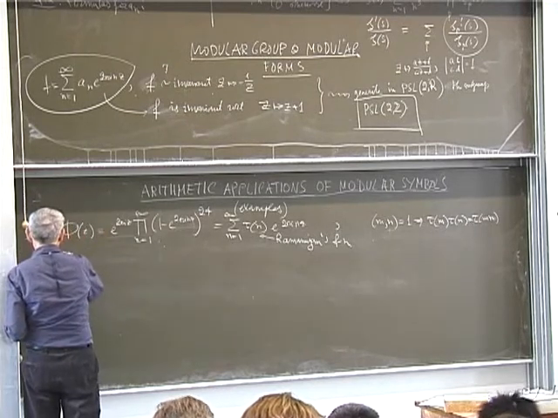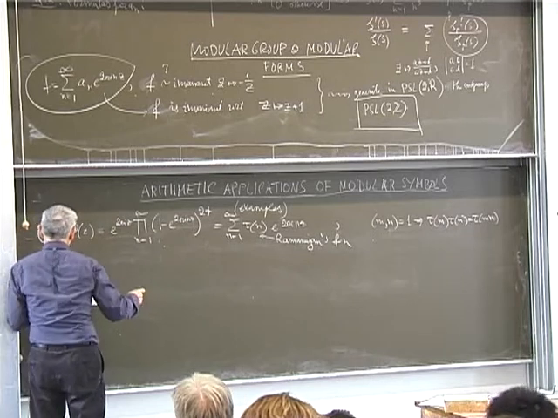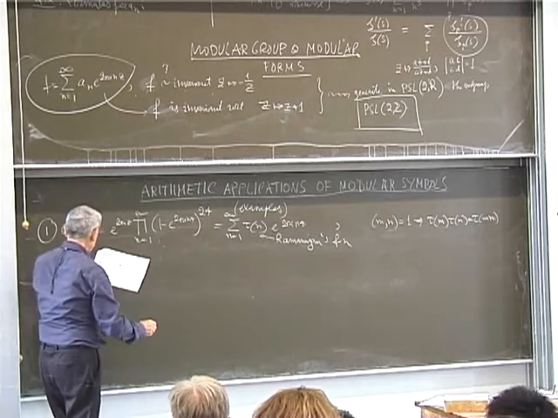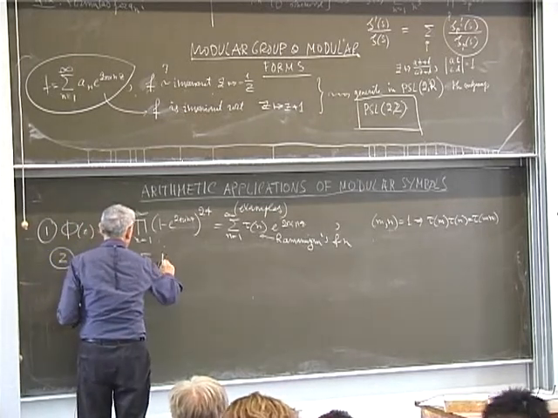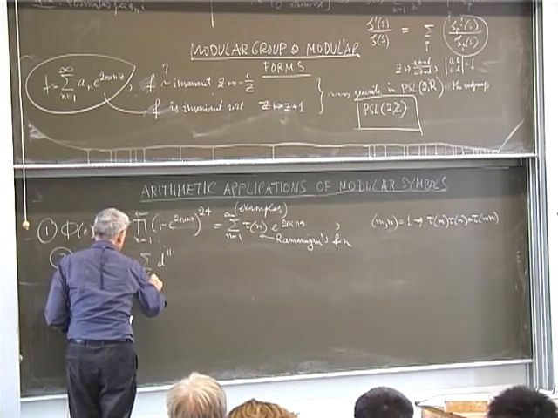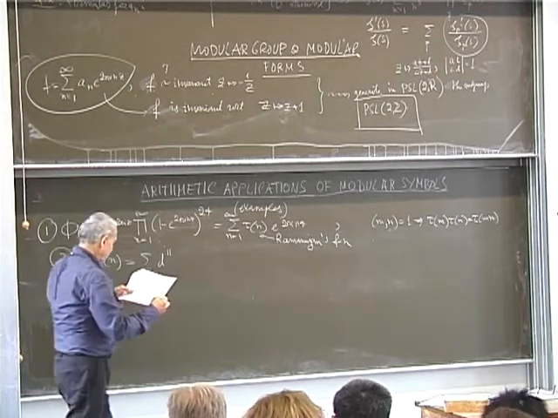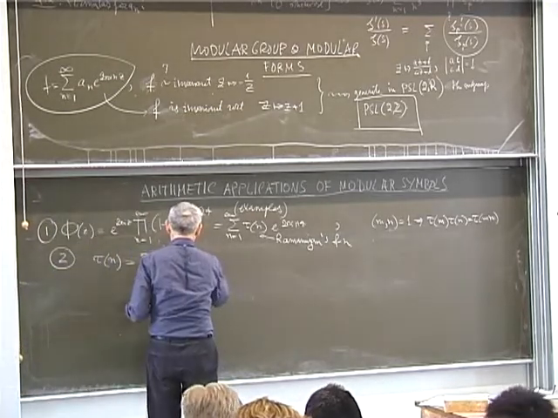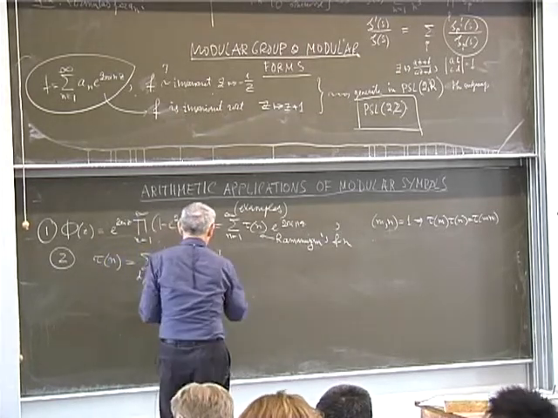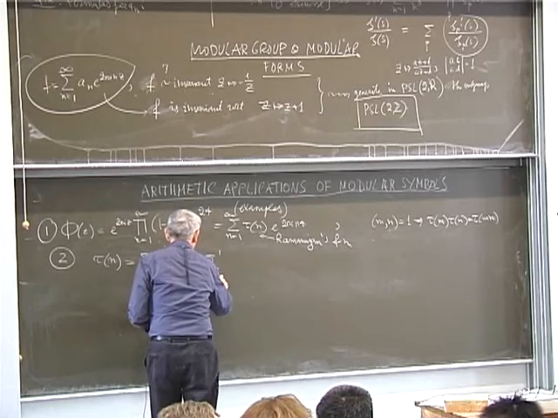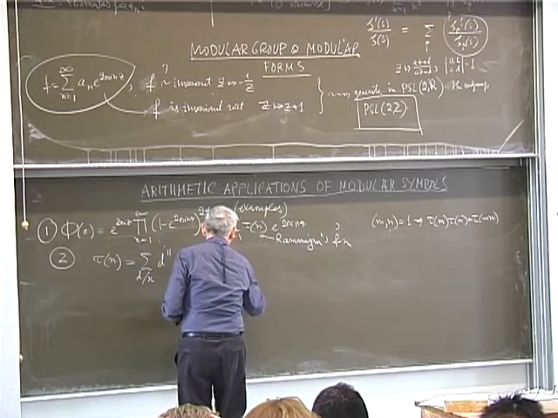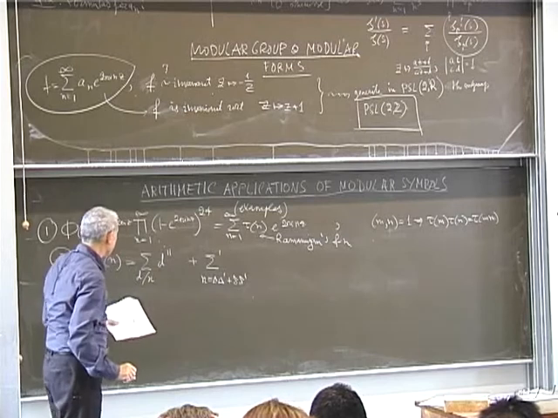So the formula that can be proved using classical modular symbols is just an identity. For every n, tau of n is equal to the sum of 11th powers of all divisors of n plus additional expression, which essentially is obtained as follows. This turns out to be a common trait of all interesting formulas for coefficients of modular forms.